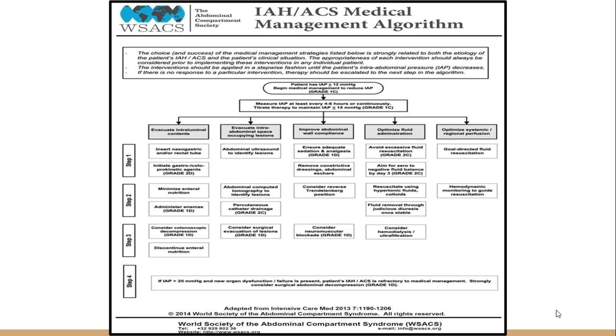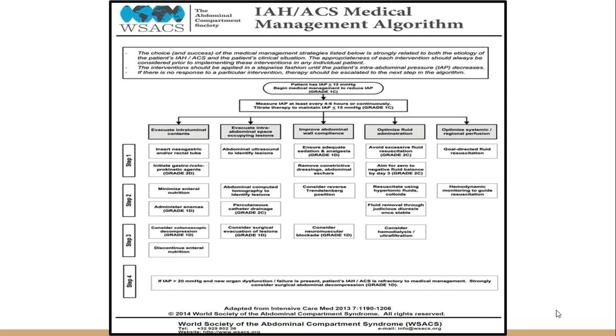So this is the second algorithm, which shows the management of ACS. They have the same 5 points, managed in a stepwise approach to the ACS patient. First is evacuate intraluminal content, evacuate intra-abdominal space occupying lesions, improve abdominal wall compliance, optimize fluid administration, and optimize systemic and regional perfusion.